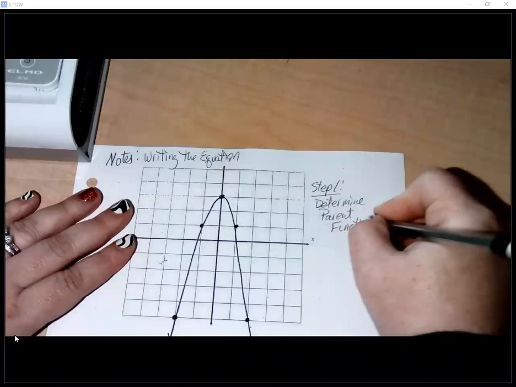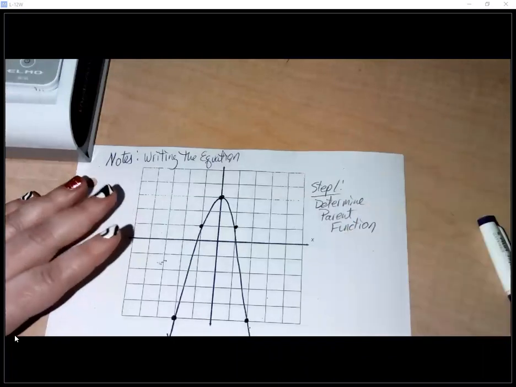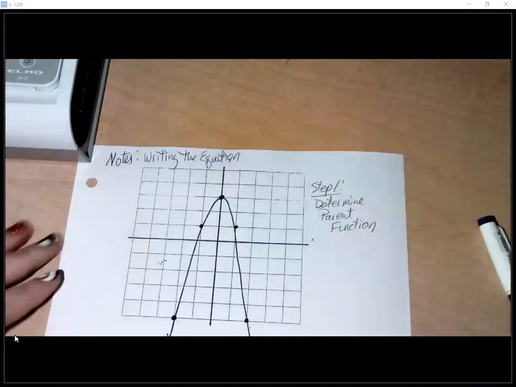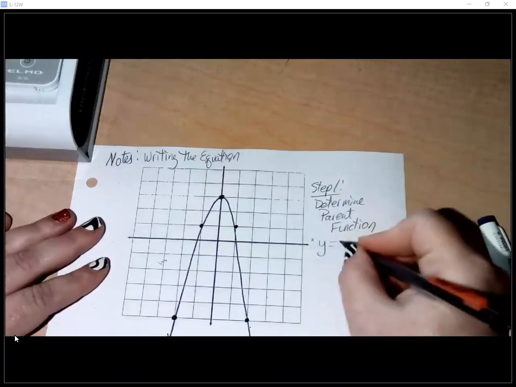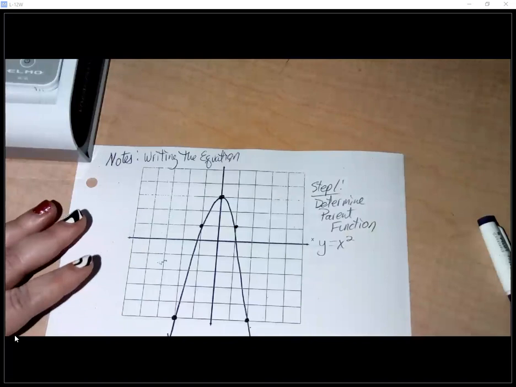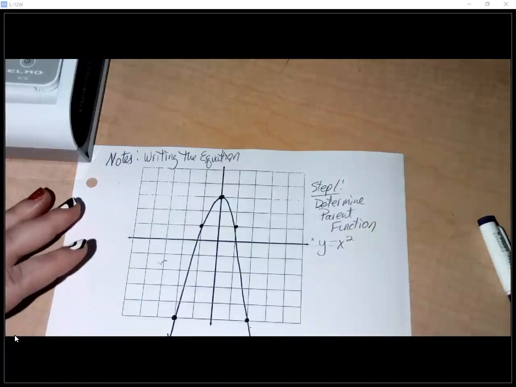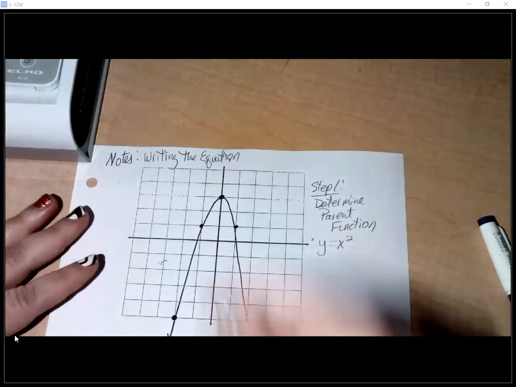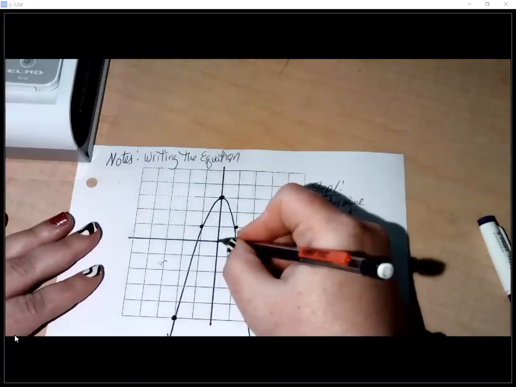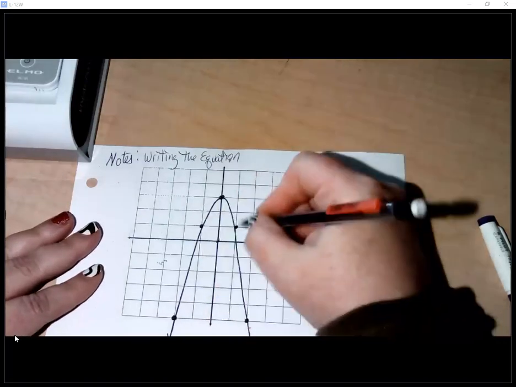Okay, so usually you can do that just by looking at the shape of the graph. So in this case, we have y equals x squared. It might be helpful for you to sketch the parent function on the same grid. You don't have to. But sometimes it can be helpful just to see what have I done to the parent to end up here. So I'm going to do that. I'd have points here, and then I'd go up 3.